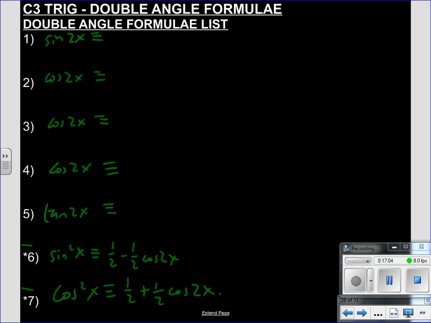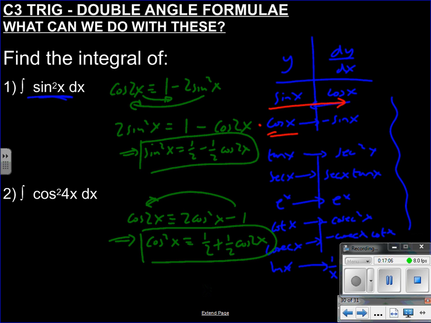Alright? Some new formulas. So I won't go too far integrating this, but basically if we're integrating sine squared, we can change that to half minus half cos 2x, and cos is absolutely on our differentiation table. Not cos squared, just regular cos. So the half we know goes to half x. This minus a half can stay, and cos 2x. If we differentiated cos 2x, we get minus 2 sine 2x.